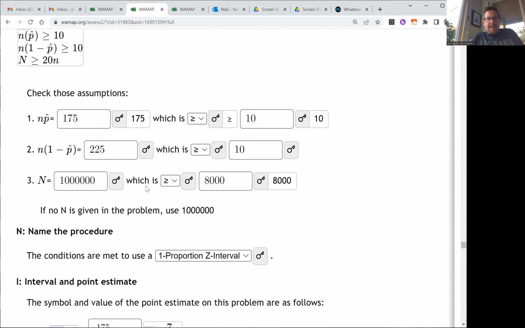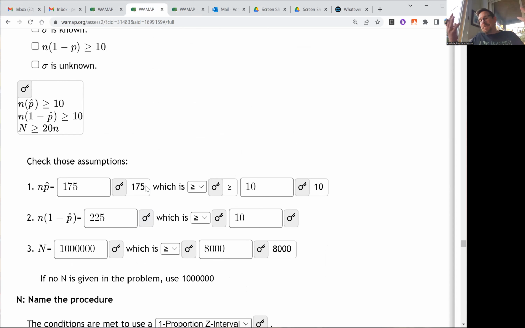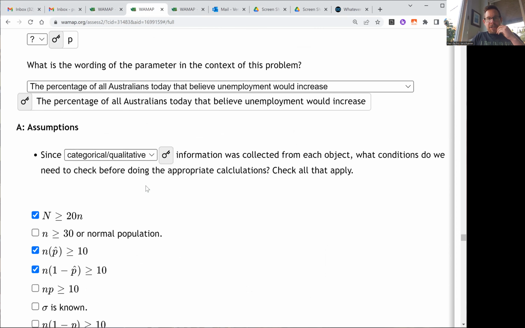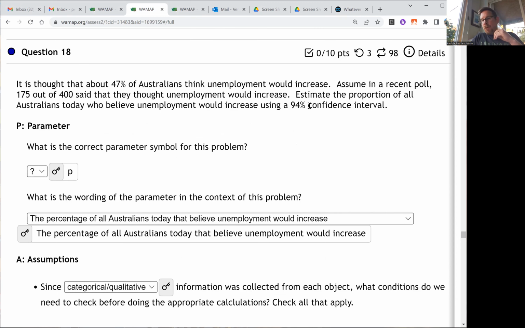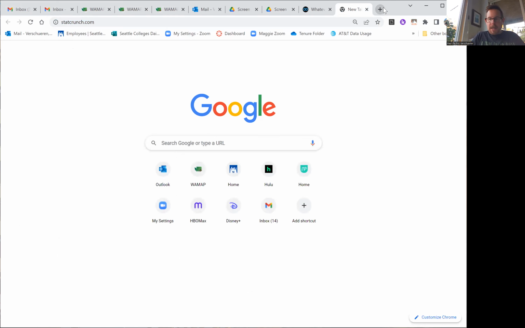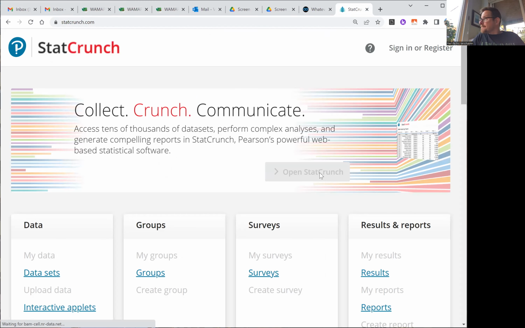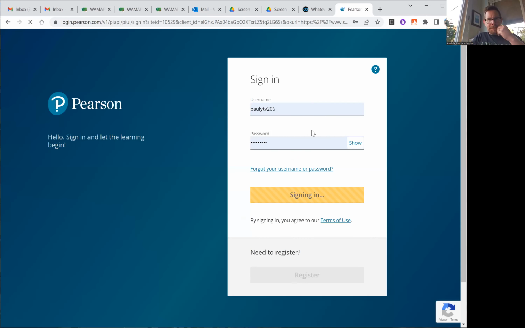So the interval estimate basically means the confidence interval, lower bound to upper bound. We're going to need StatCrunch for this, especially because it's a 94% confidence interval, so we don't have any critical values for that. This is going to take a second just to log in. Sign in. Open it up.